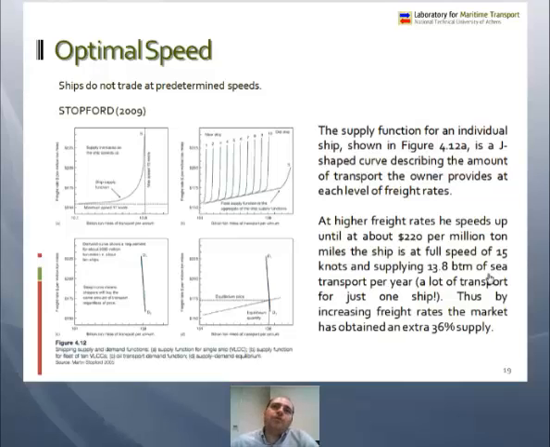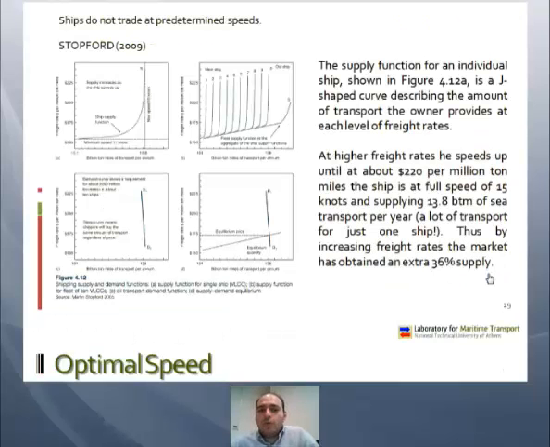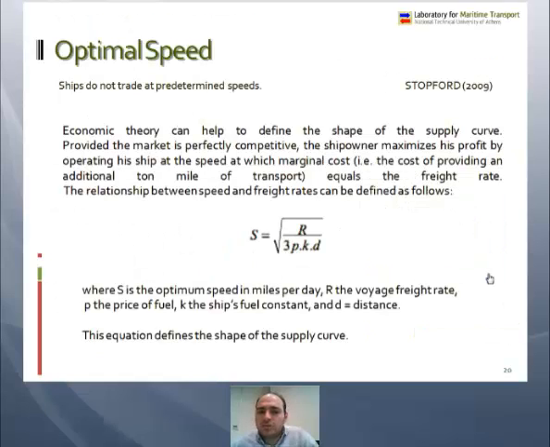A side effect of that is when freight rates are up and there is overcapacity, freight rates also go down, which means that actually shipping is more complex than we can describe with this economic approach. In any case, Stopford again presents this relationship between the speed and the freight rate.